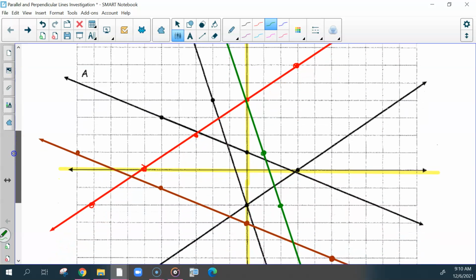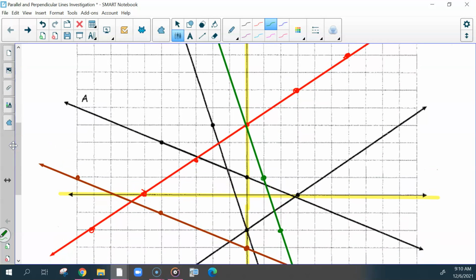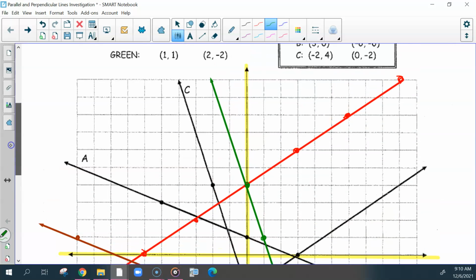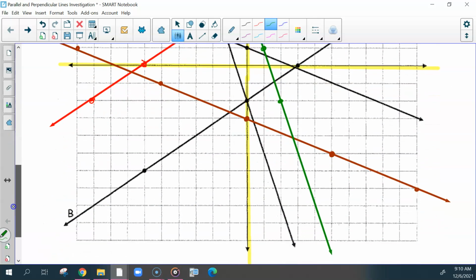So if my slope is -3, I'm going to keep going back, up 3 to the left one, until I get my y-intercept. And just make sure my line follows that same slope by putting my slope points everywhere. 1, 2, 3. 1, 2, 3. If I go down 3 to the right one, same thing.